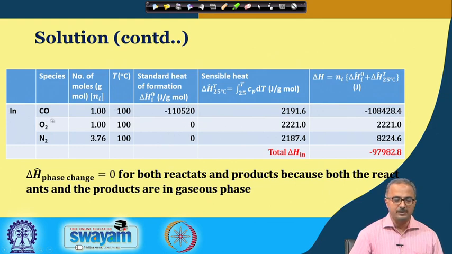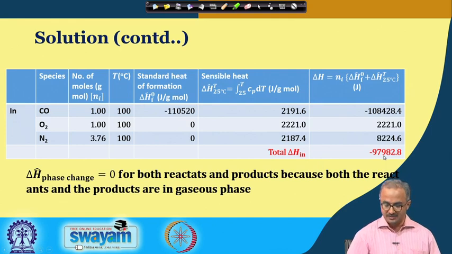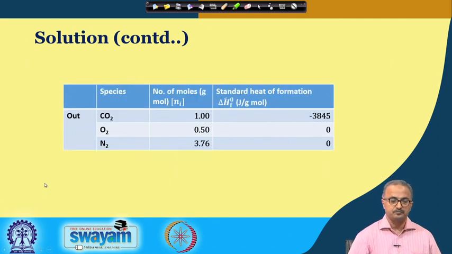So we add these two up and multiply with the number of moles. After doing this, we find this is the total enthalpy change at the inlet stream. Then we know that there is no phase change in the system because all the species are in the gaseous phase, so we put the enthalpy change associated with the phase change as 0.